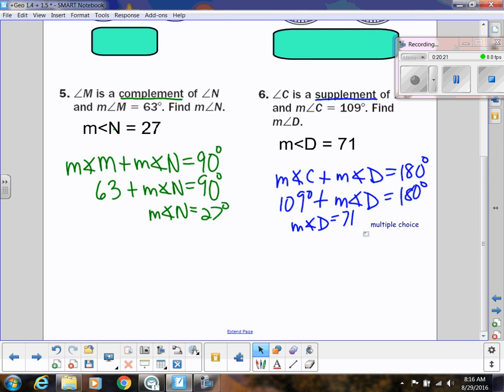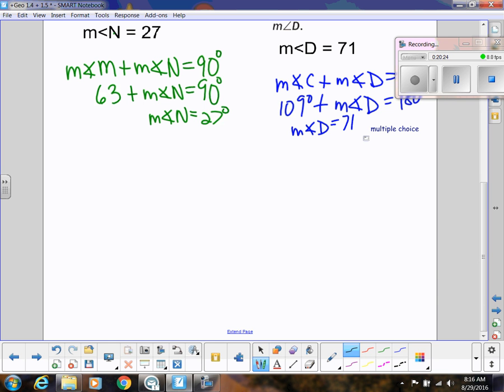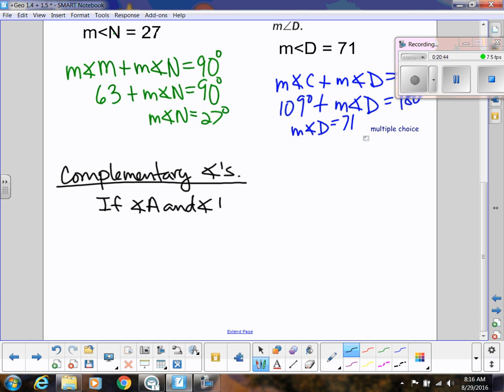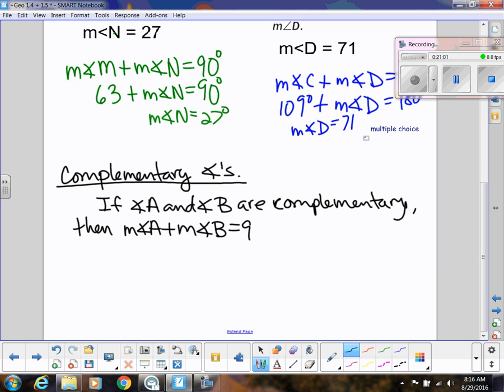So let's talk about our technical definitions for complementary angles. And again, I'm going to use specific angles instead of talking in general words. So if angle A and angle B are complementary, then the measure of angle A plus the measure of angle B equals 90.